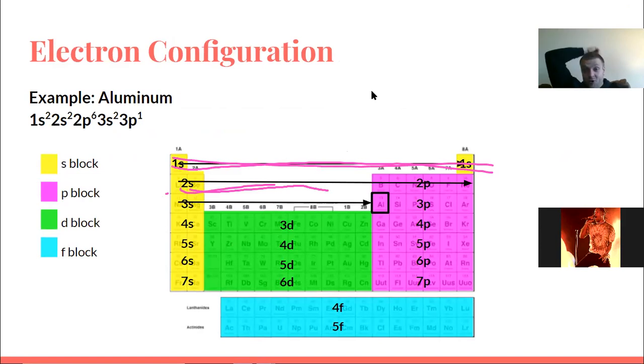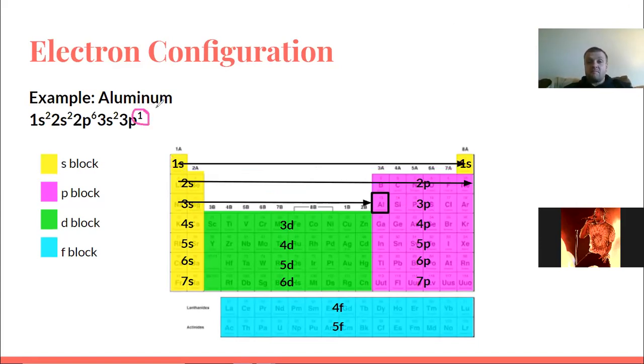Hey, look at me, I said row. Then you have 2P, 3S, and then 3P. And if you remember from yesterday, the little numbers at the top are how many spaces you have gone. So you're in 3P and you're in the first space. That's why it's called 3P1.